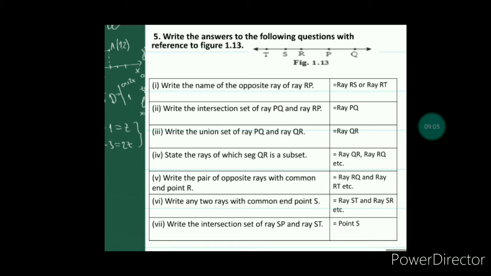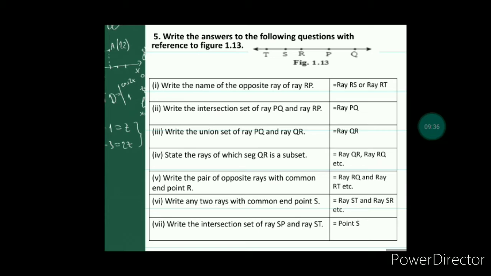Second one is, write the intersection set of ray PQ and ray RP. Intersection means छेद संच. Answer is ray PQ. Third one is, write the union set of ray PQ and ray QR. Union means संयोग संच. Answer is ray QR.